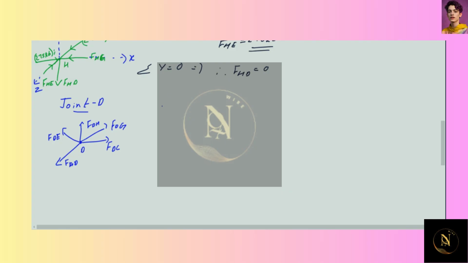Okay, now let's draw the axes. This is the x-axis, this is the y-axis, and this one here is the z-axis. So summation along x equal to 0 gives you FDG equal to 0, and summation along y equal to 0 gives you FED equal to 0.